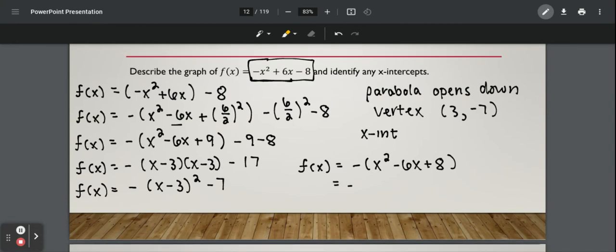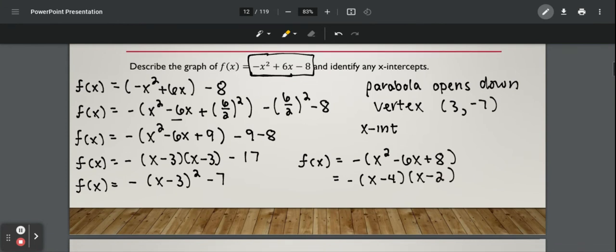And so you would get a negative times x minus 4 and x minus 2. So your x-intercepts would be when x equals 4 and 2. So your x-intercepts would be at the points 4, 0 and 2, 0. Again, that negative is still out front because you have that parabola that's opening down.